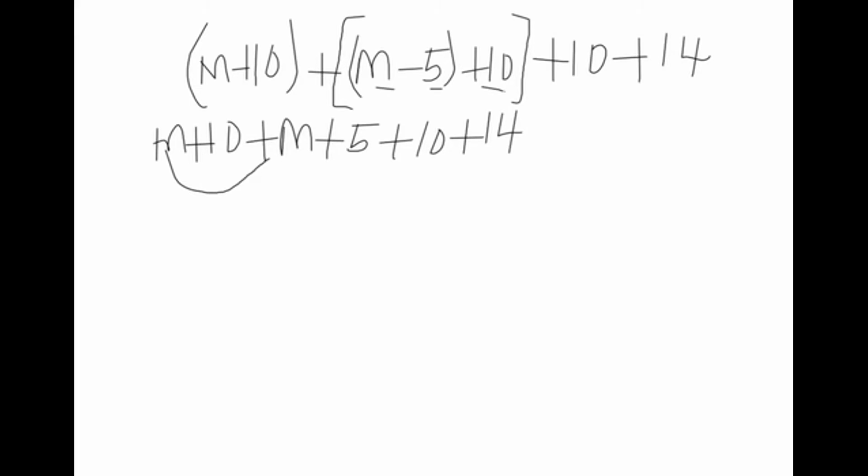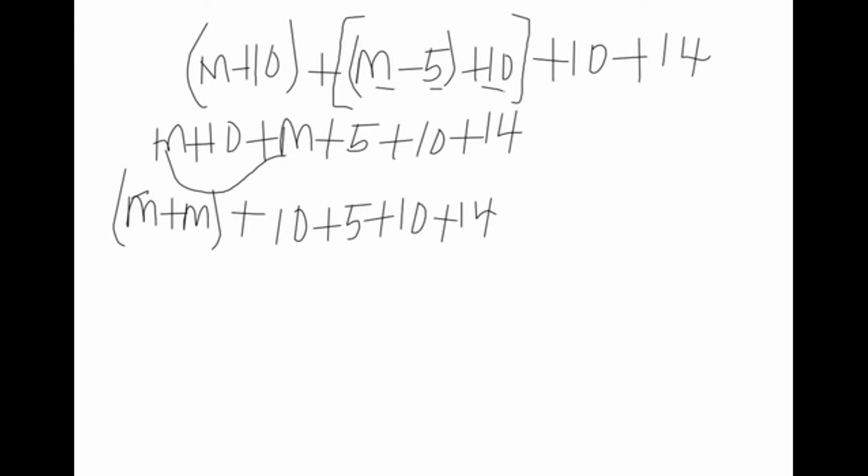So we are going to collect the like terms. We have M plus M, plus 10 plus 10 plus 5 plus 10 plus 14. So this is 2M plus 10 plus 5 is 15 plus 10 plus 14.